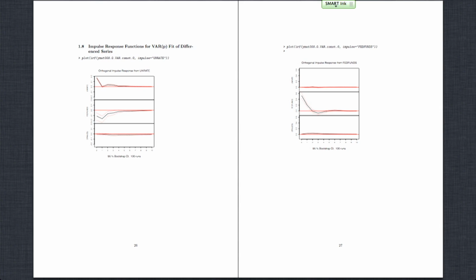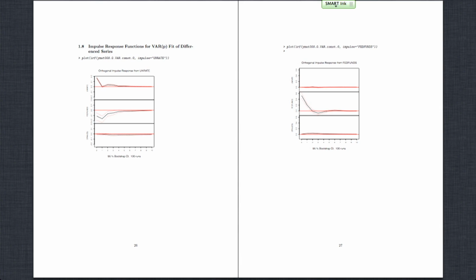Like if Fed funds were to be increased by a certain value, what would the likely impact be on the unemployment rate or on GNP, basically the production level of the economy. You can look at the impulse function of innovations on any of the component variables, on all the others.